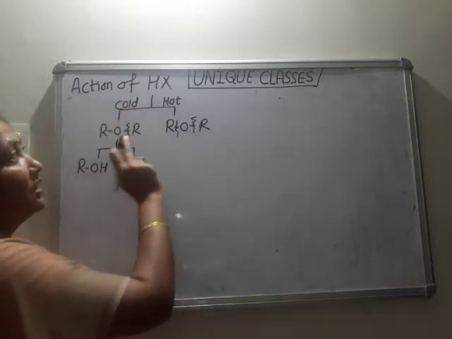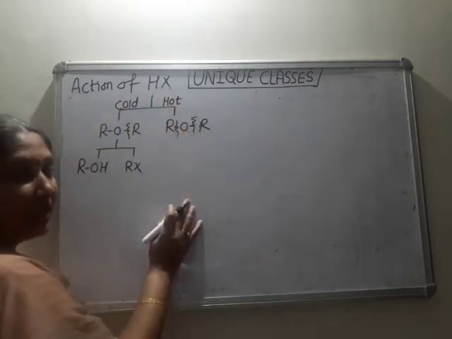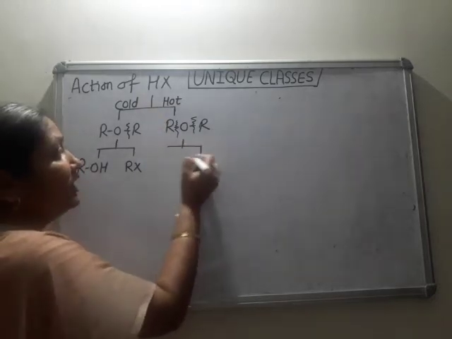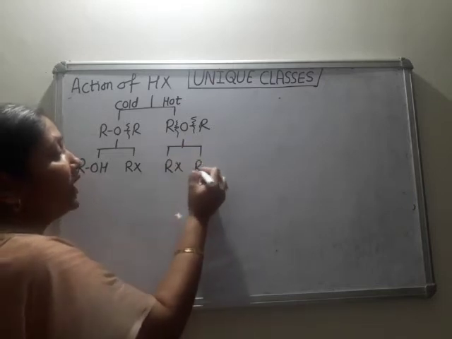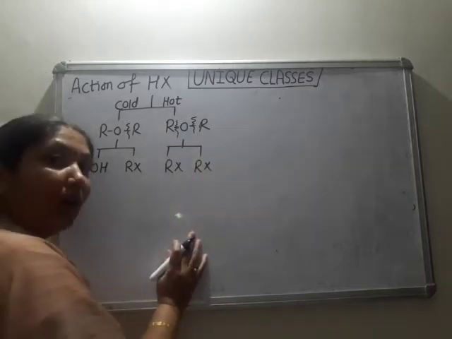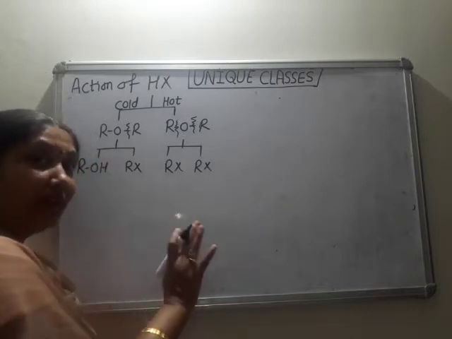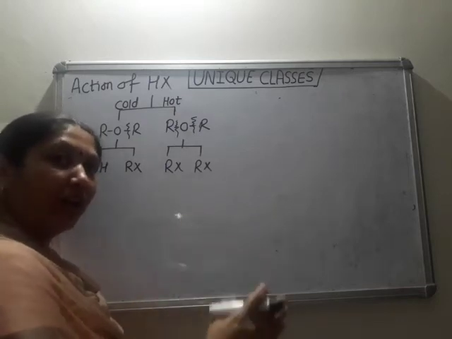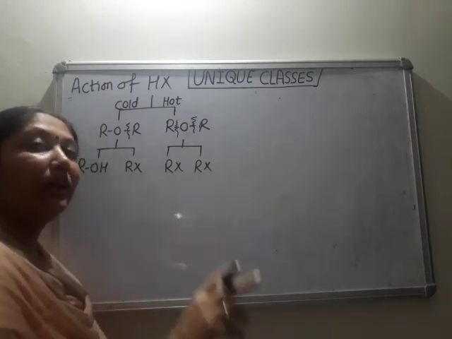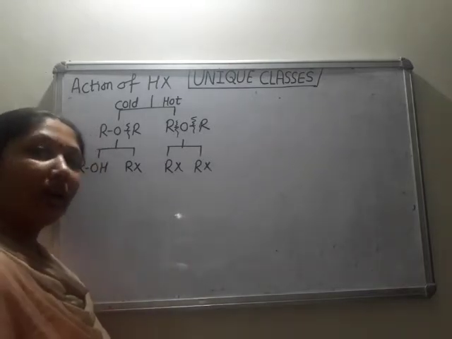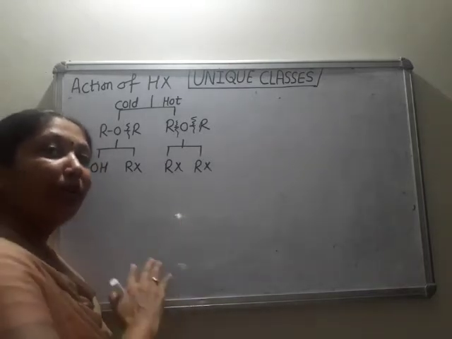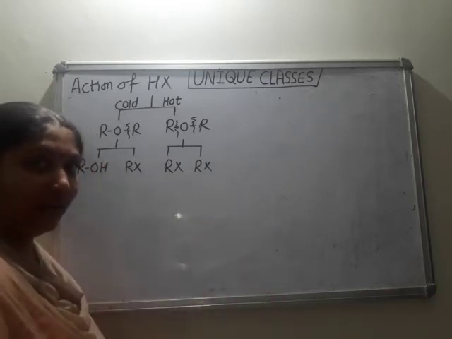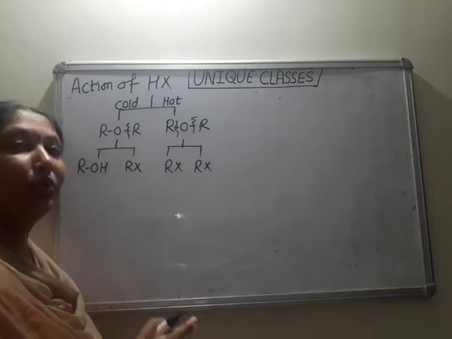And when ether reacts with hot HX, then we get two alkyl halides. Is this clear? Hot HI means both alkyl groups are detached and we get two alkyl halides, and cold HI means only one alkyl group is detached and we get one alcohol and one alkyl halide. This is the main difference in these two reactions.